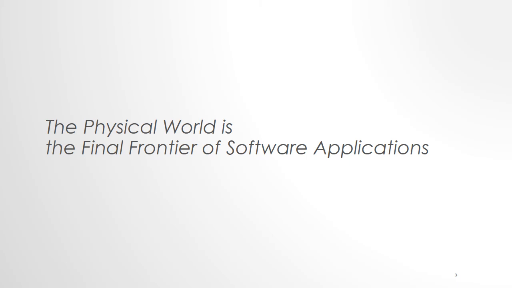By closing the loop between computers and the physical world via sensors and actuators, software applications can automate and optimize different activities in the physical world with higher efficiency, while leaving humans to focus on more creative and abstract tasks.